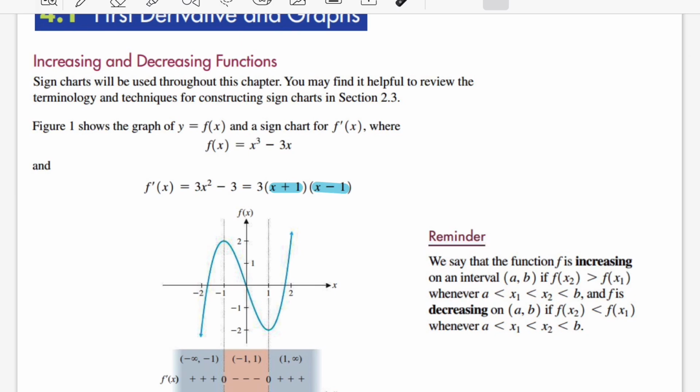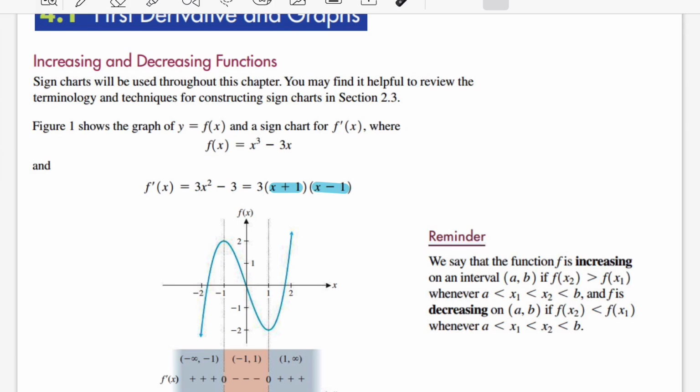And so essentially what this means is that we'll look at our graph here, and as we go from left to right, in each of these intervals, if our f of x values are getting bigger and bigger as we go from left to right, then in that certain interval, all of our f of x values are getting bigger, so our function is increasing.